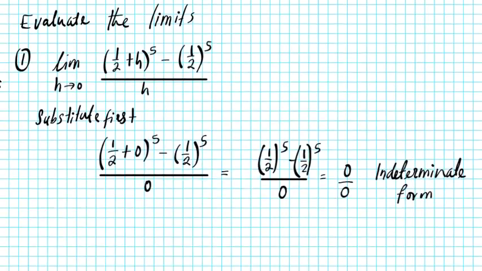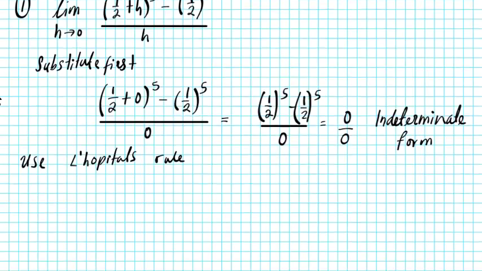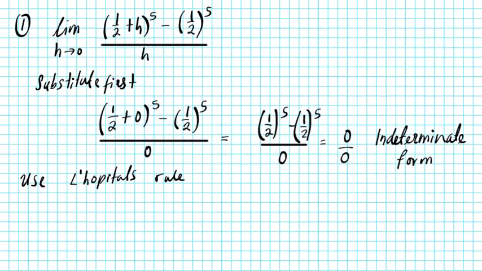We have to carry out some kind of transformation, either using algebra or calculus, and then try and find the limit again. Alright, so we're going to use L'Hopital's rule to transform the problem. So all we're going to do is just find the derivative of the numerator and the denominator and take the limit again.